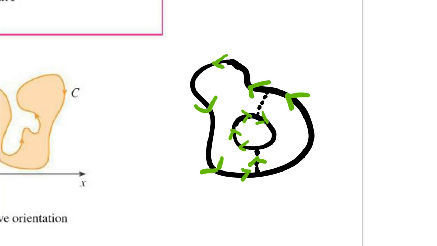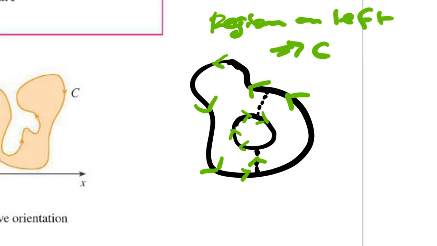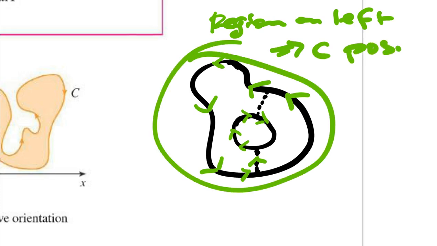You still want your region to be on the left. Region on left implies C is a positively oriented curve. Anyway, don't worry about this too much; we'll get to that in a minute.